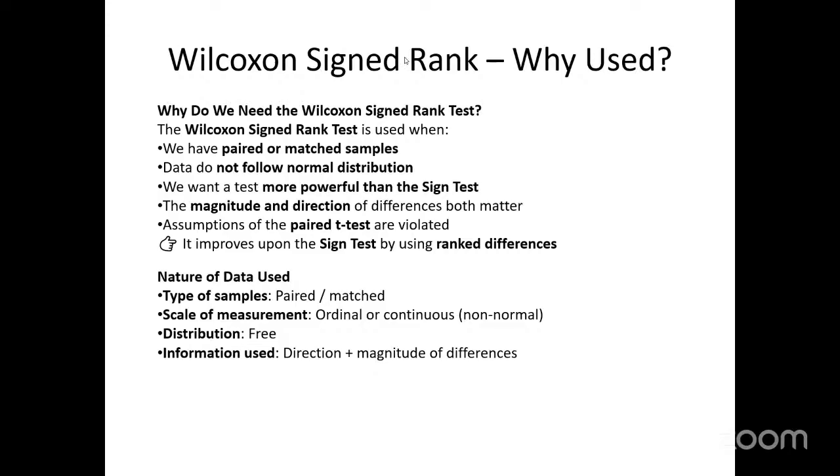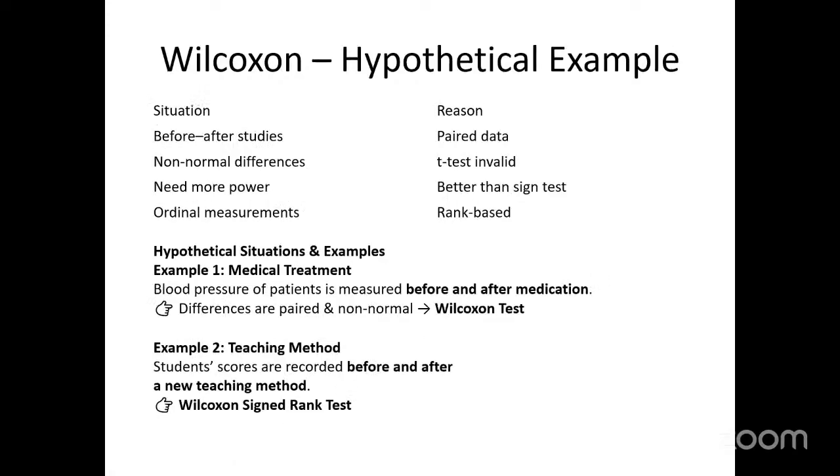So this is our case: paired or matched samples. The dataset is not following a normal distribution, as previously. It is more powerful than the sign test, as I have already told, because it deals with the sign and the magnitude also. The assumption of the t-test is violated, as previously. It improves upon the sign test by ranking the differences. The type of data is paired and ordinal, it is distribution free, and we have direction plus magnitude of difference.